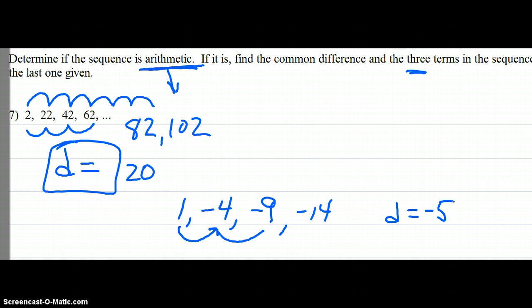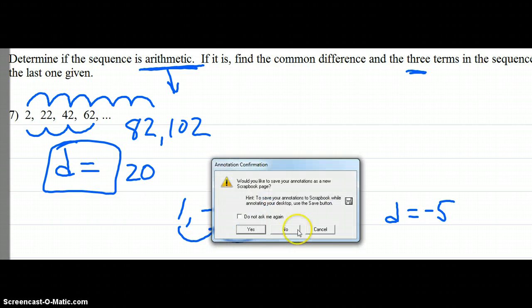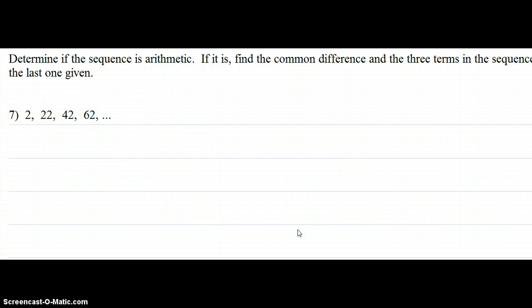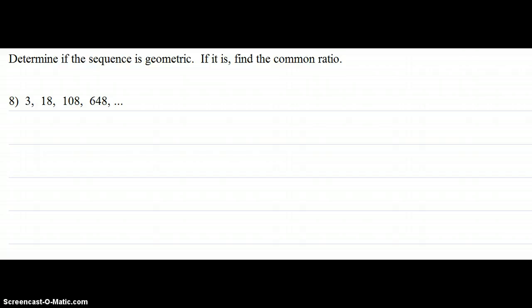There's two common sequences on the ACT, arithmetic and what we call geometric sequences. Geometric sequences will have a pattern, but instead of adding and subtracting, these will multiply to get to the next number.